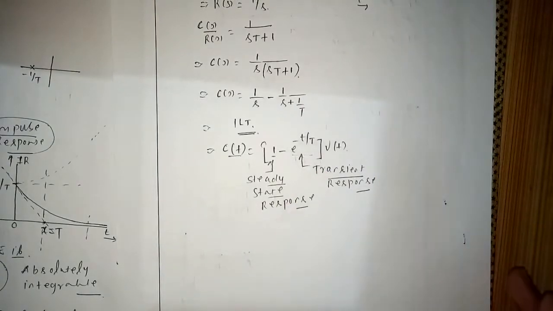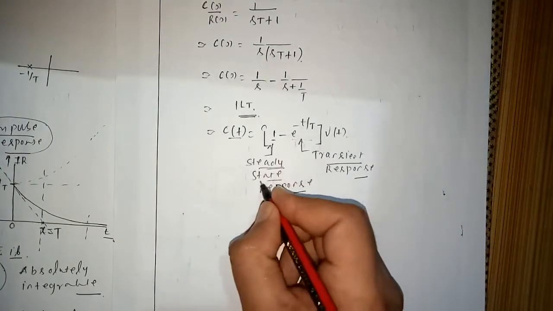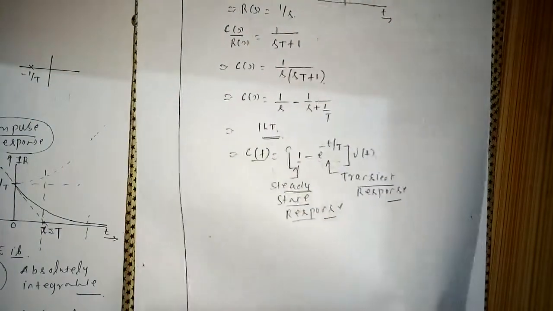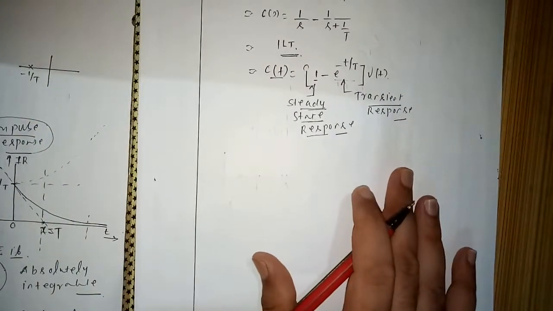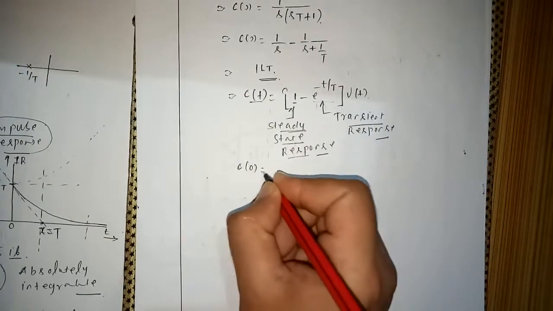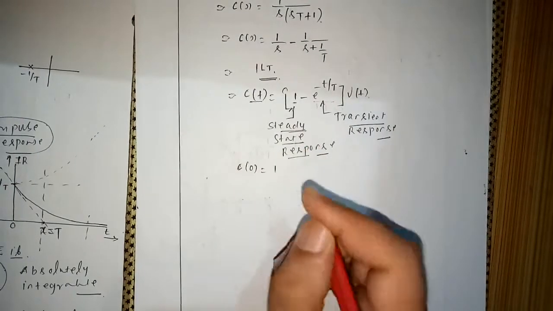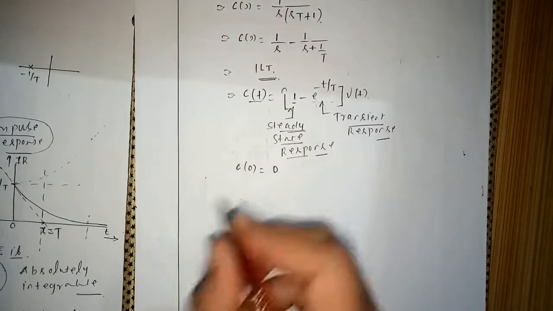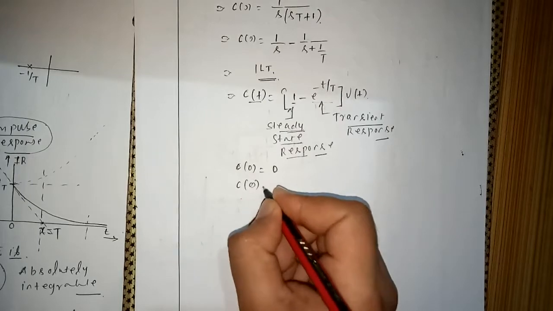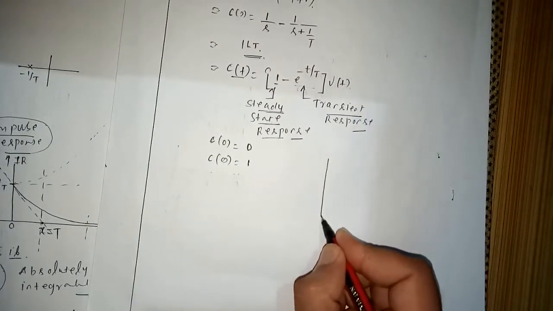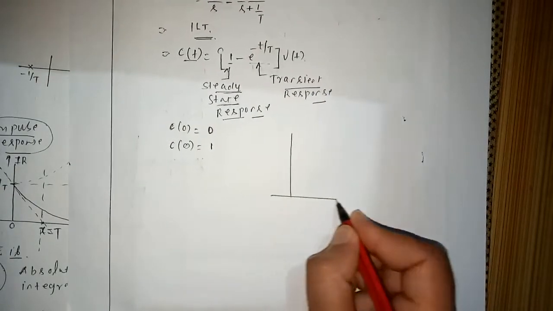In 4 or 5 time constants the signal will be sufficiently decayed, and then we will have the steady state response, or whatever the input was, we will get as output, right? So first of all, let's see its initial value. Its initial value is 0, and its final value is 1.